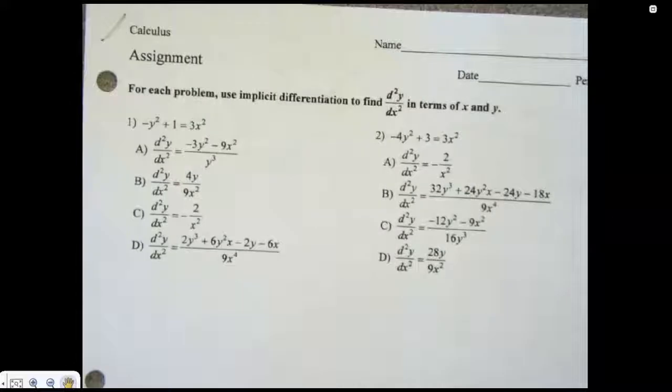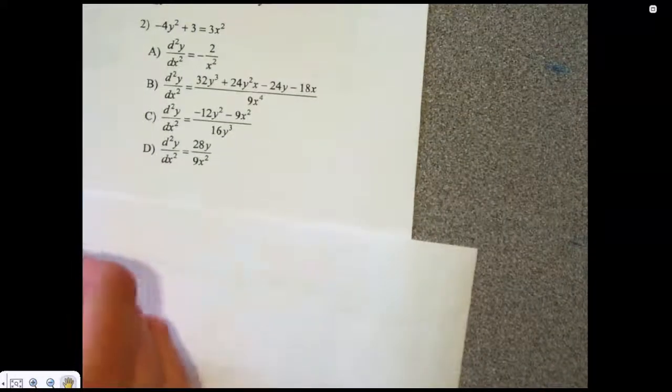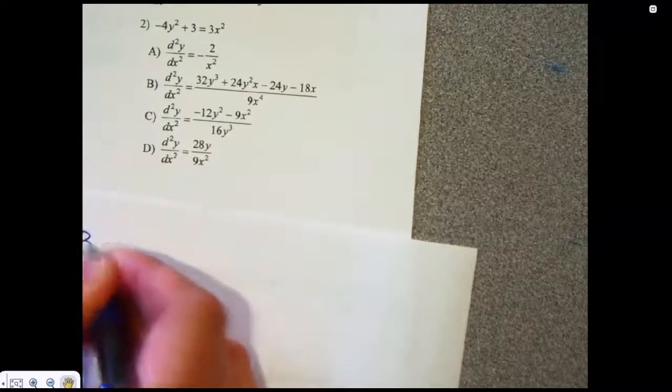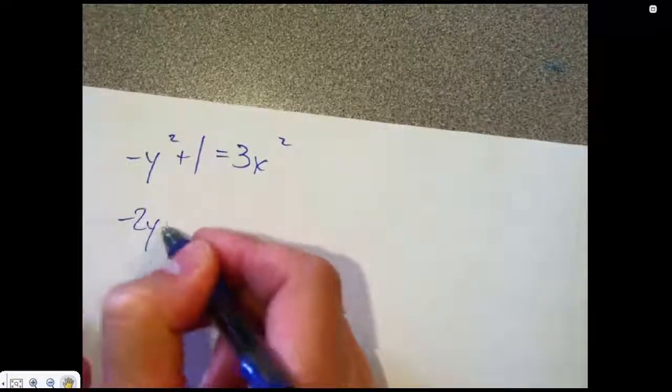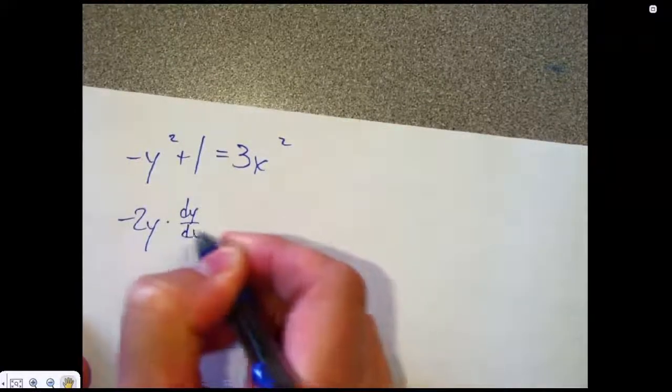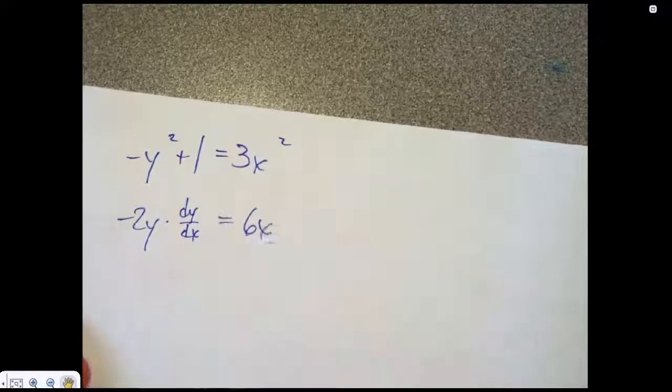All right. Let me do number one on here. So negative 2y times dy/dx equals 6x, right?